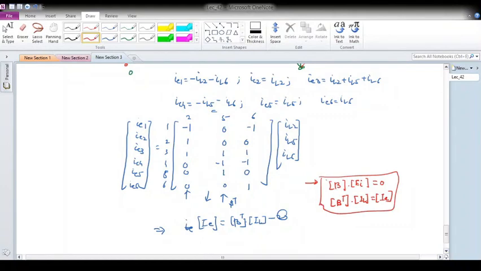Now we will use these two equations and derive the equation so that I will be able to calculate the loop currents. So we stop here, we'll continue this in the next class. Thank you.